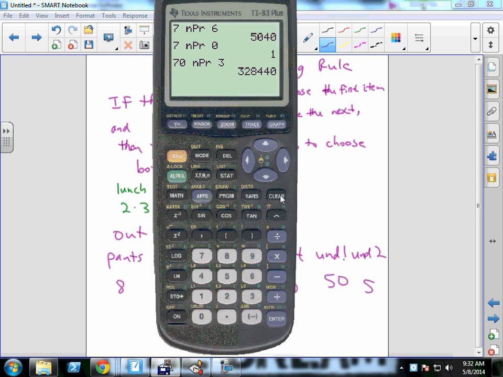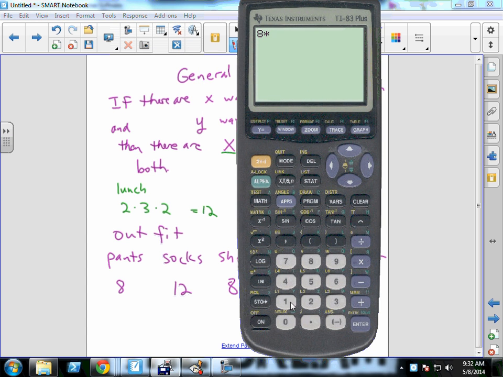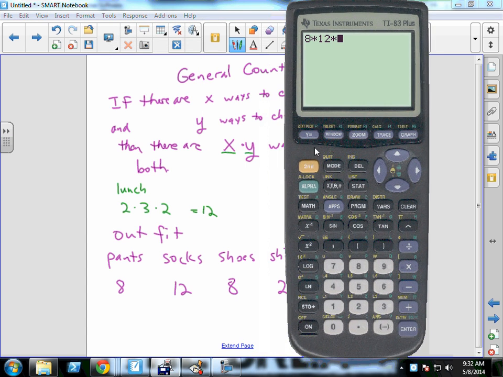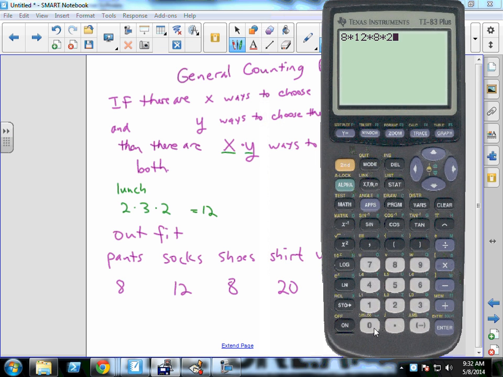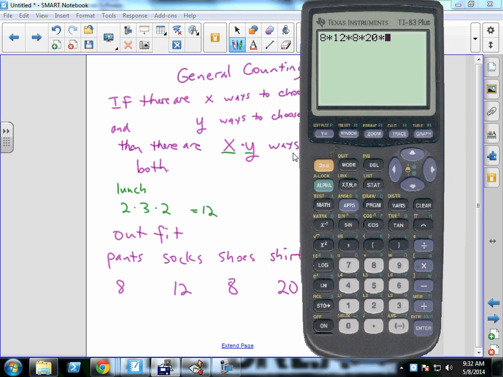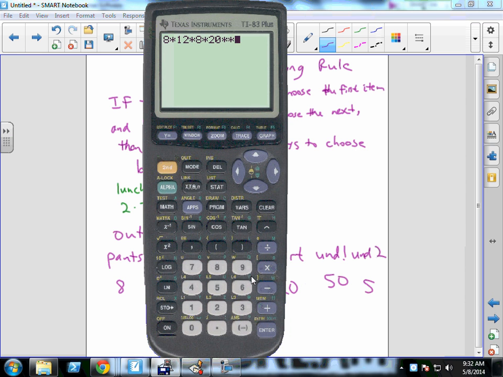Here we go. The counting principle says let's multiply. 8 pairs of pants, 12 pairs of socks, 8 pairs of shoes, 20 shirts, 50 of the first undergarment, 5 of, oh, there's one thing I forgot. Earrings.